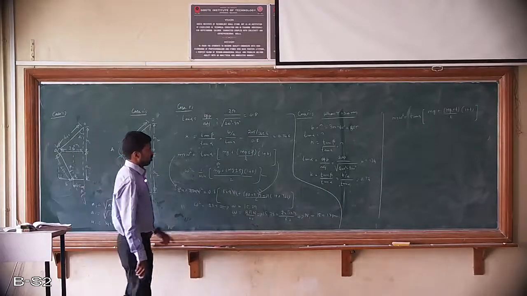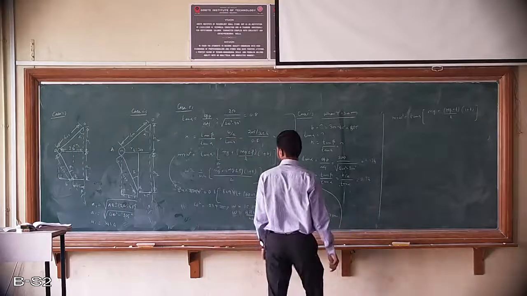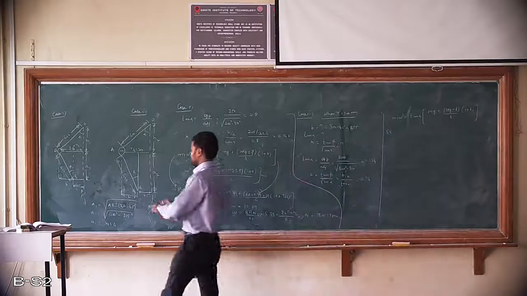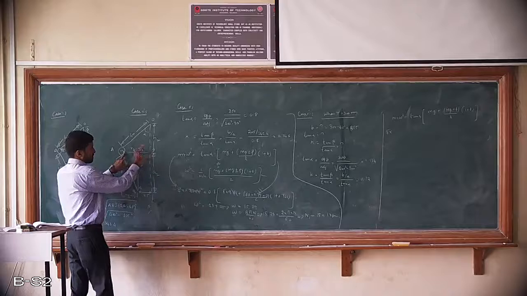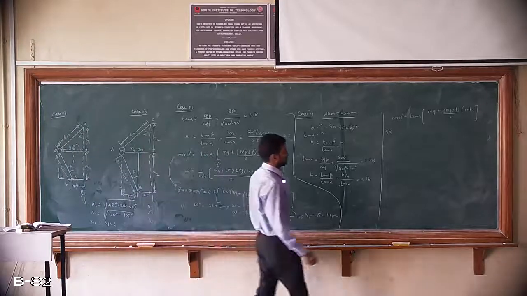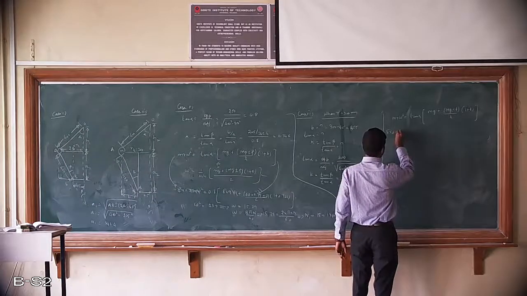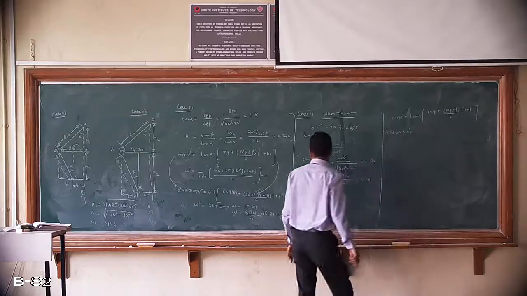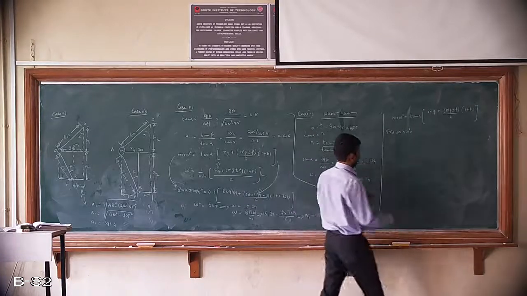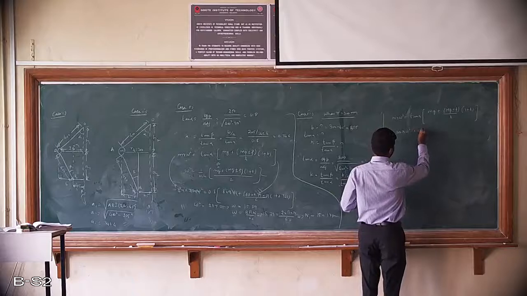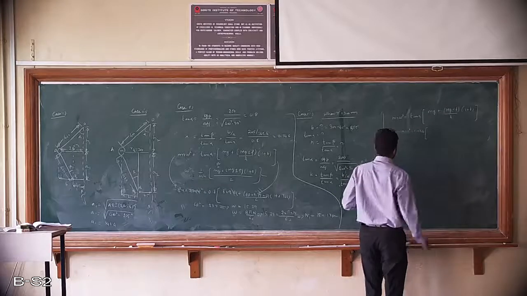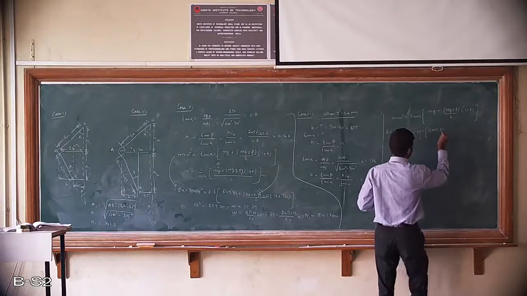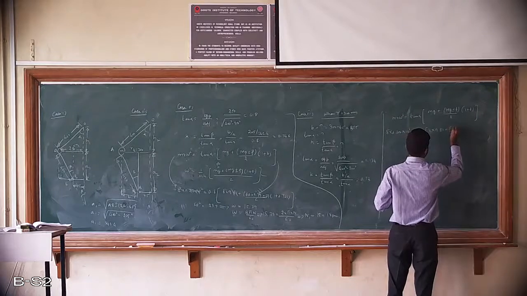So in this case, all the values are known. The value of small m is 8 kgs into r. R is the radius of the governor, 300 mm. I will substitute in terms of meters. 0.300 into omega square is equal to tan alpha is known to me, that is 1.134 into bracket small m is 8 into g is 9.81 plus m is 60.